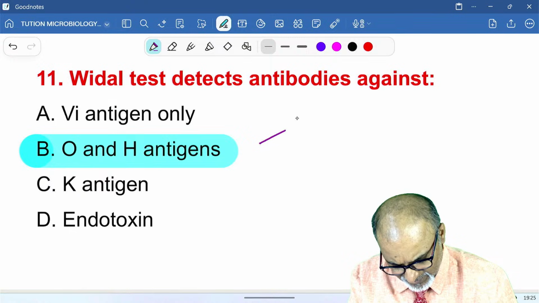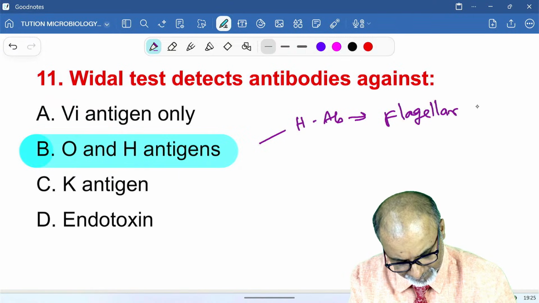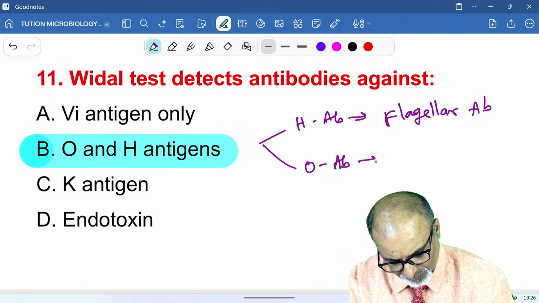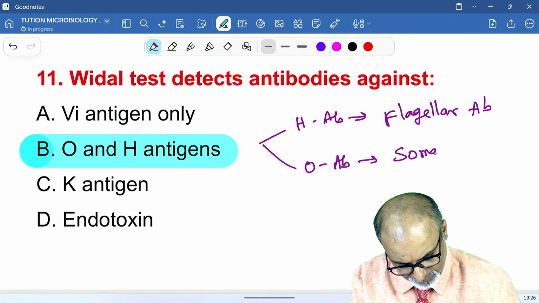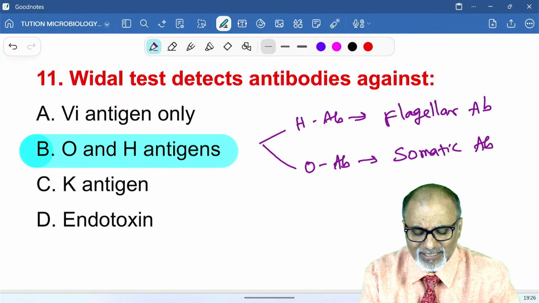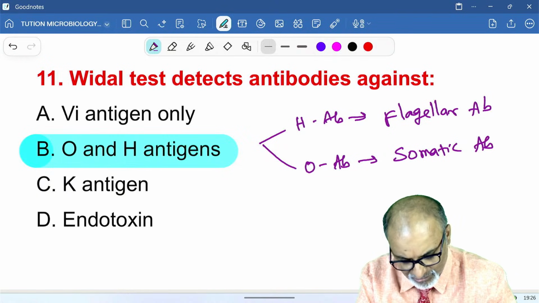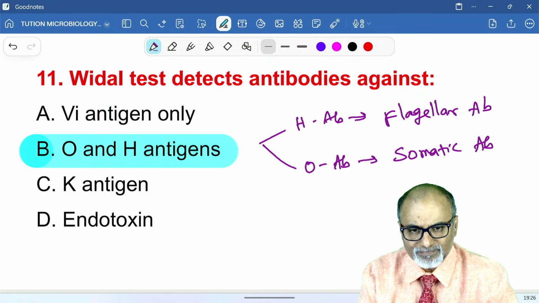It detects H antibody, otherwise called flagellar antibody, or O antibody, which we call somatic antibody. We are using somatic antigen as well as flagellar antigen.